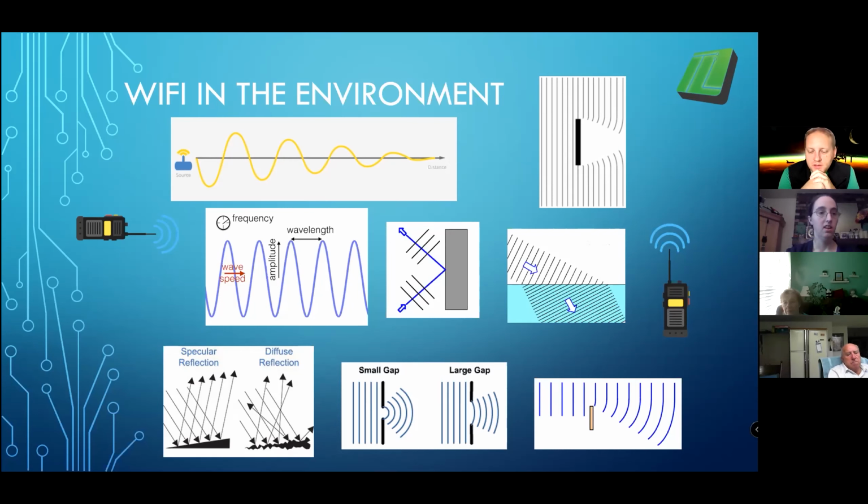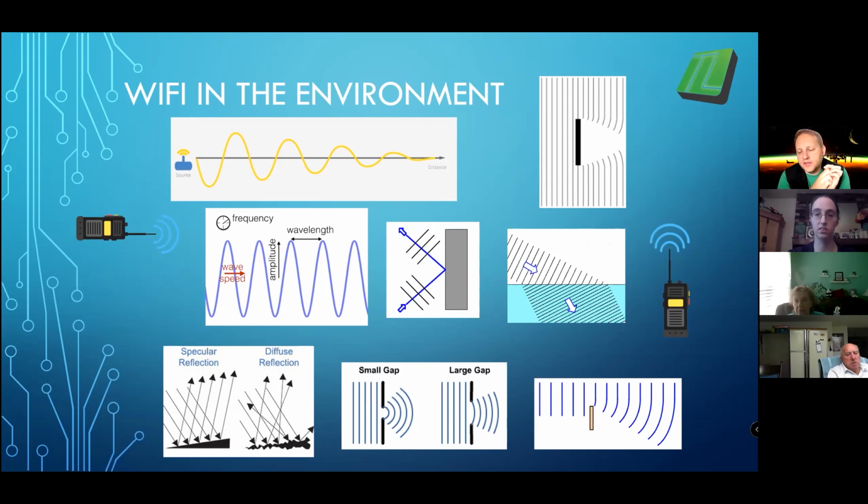The middle picture there illustrates how radio waves would go through a gap. For example, the walls in your house. If you have a wall and a doorway, it would interact like this. So the wall, depending on the material that it's made out of, might not allow the radio waves to get through, but they might go through the doorway.